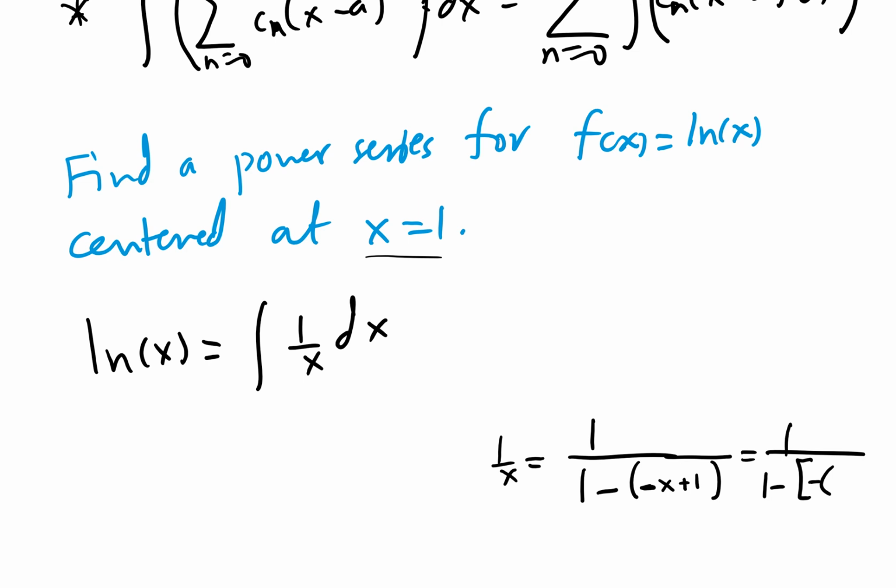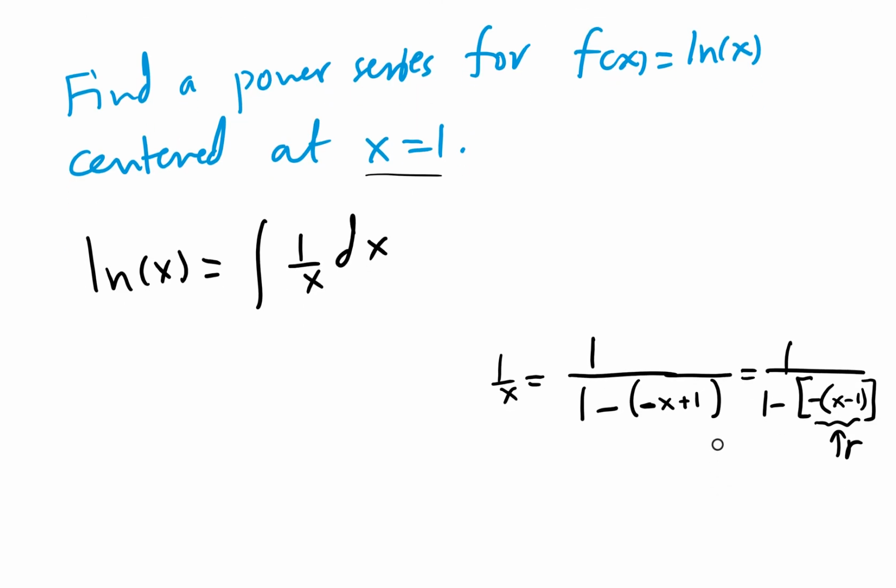Negative x minus 1. This is our r. So I'm going to find the power series representation for 1 over x, which we did earlier. This would be the sum of r, which is negative (x minus 1) to the n, as n ranges from 0 to infinity.